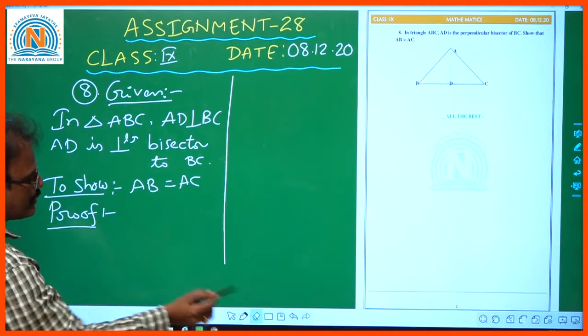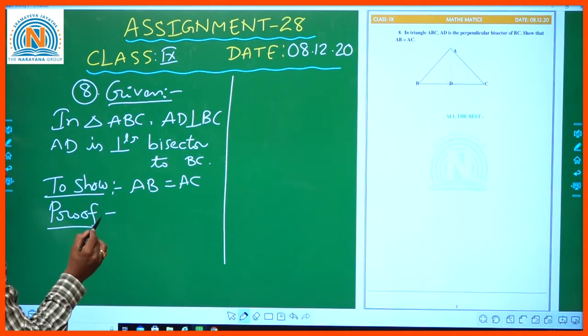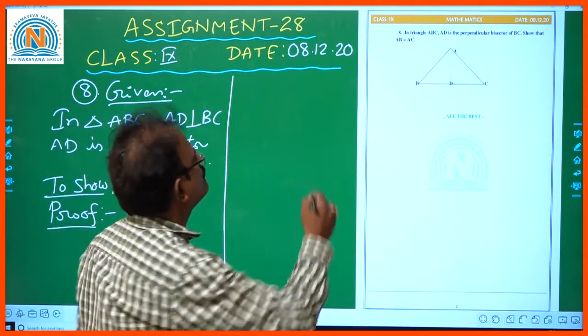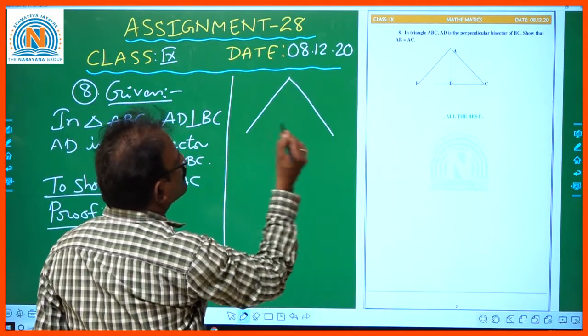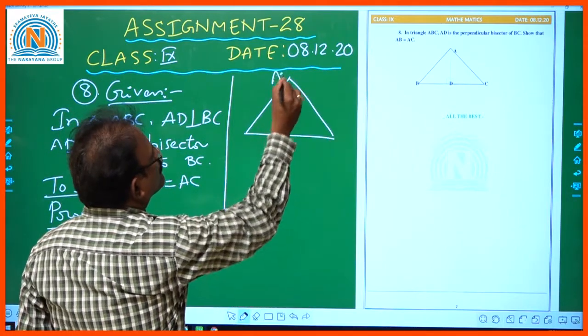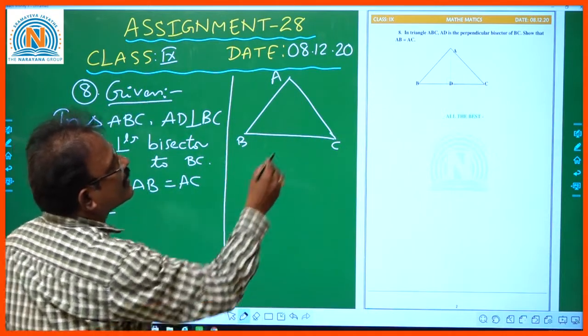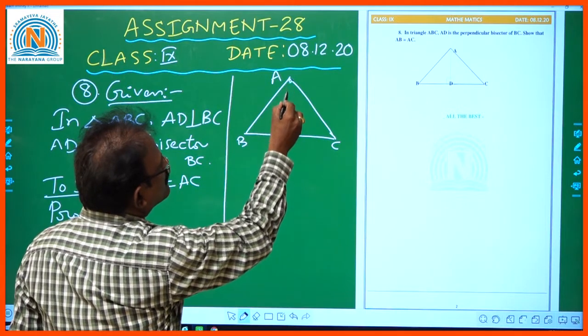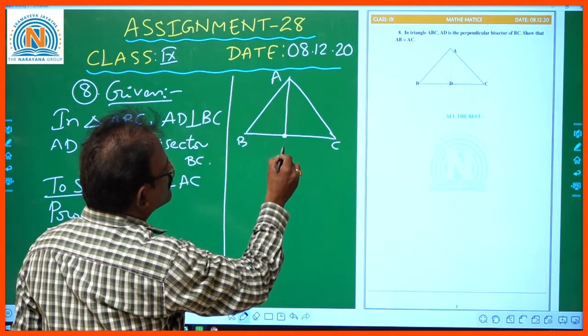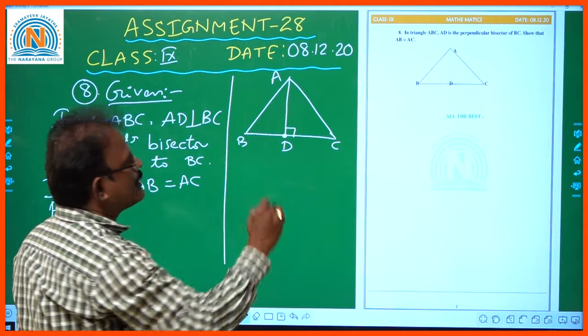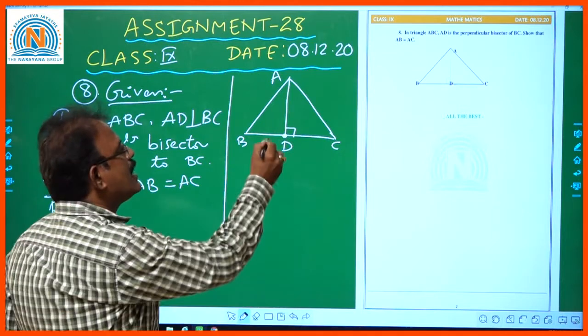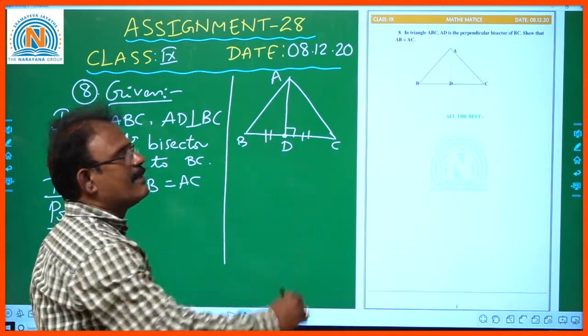Once you go through the diagram, children, AD is the perpendicular bisector. Perpendicular bisector means it makes 90 degrees with the base. Also, it bisects the base.